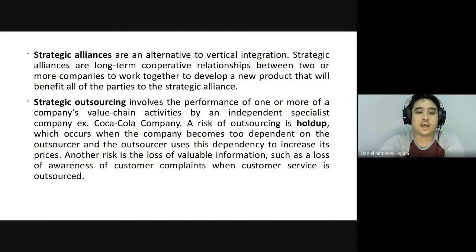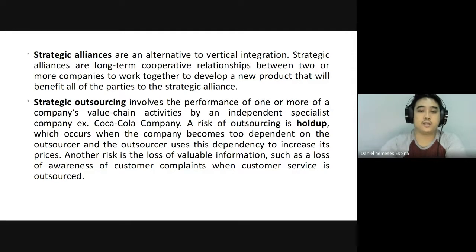So sa lain na siya nga company nila gina-outsource. So this is to really focus on the most important nga activity ni Coca-Cola, which is the creation of the syrup. However, having this strategy has also its downside or risk.